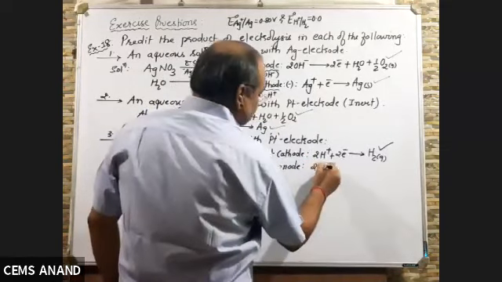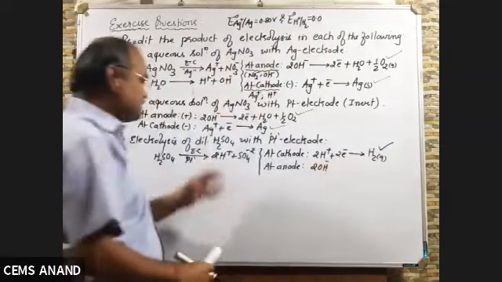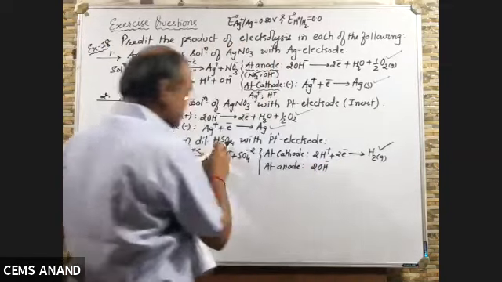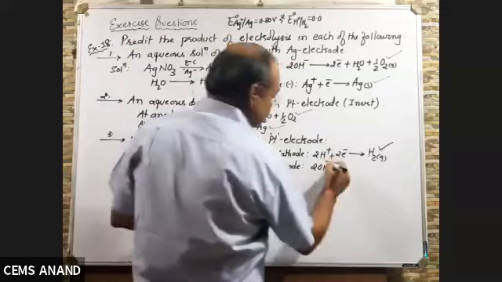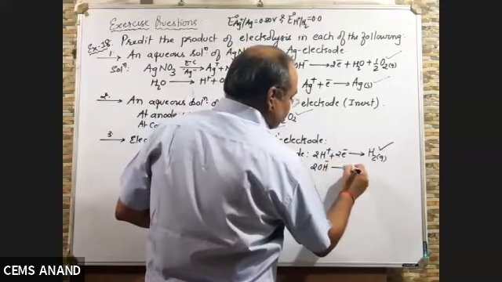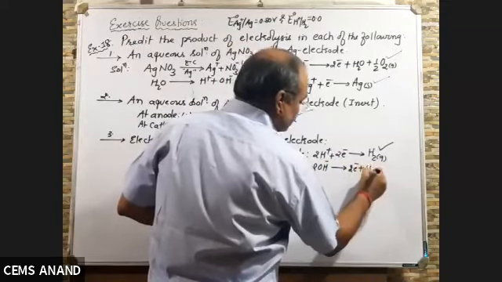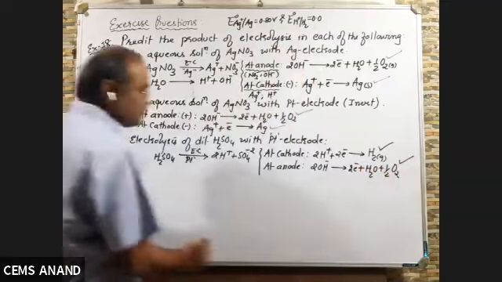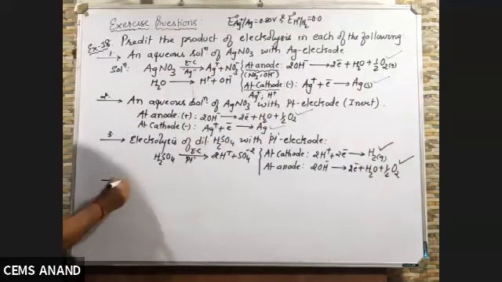Again OH minus, because this time inert electrode is there. So here SO4 is not going, again because oxidation state of sulfur is +6, highest. So it will give you 2 electron plus water plus half O2 gas. Right? So these are the product.